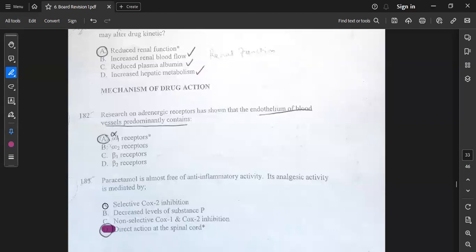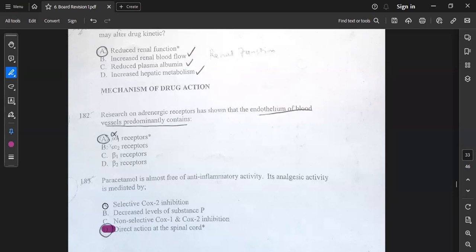And then we can move on to the next question. Research on adrenergic receptors has shown that the endothelium of blood vessels predominantly contains alpha-1, alpha-2, beta-1, beta-2. Yes, on the blood vessels, it's mostly alpha-1. Alpha-2 is commonly found where?